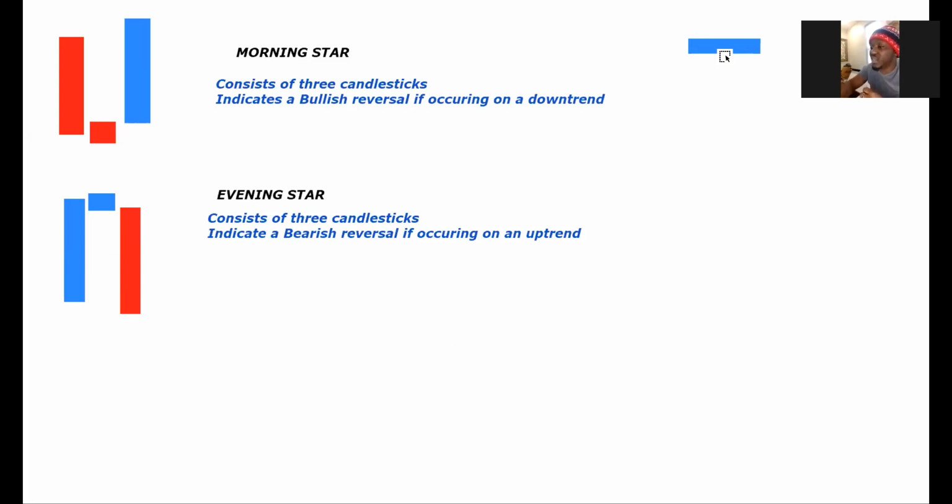I'm gonna take this out. But the morning star and the evening star, that's what they do. Pretty much, this is one really common type of pattern that is easy to see anywhere.